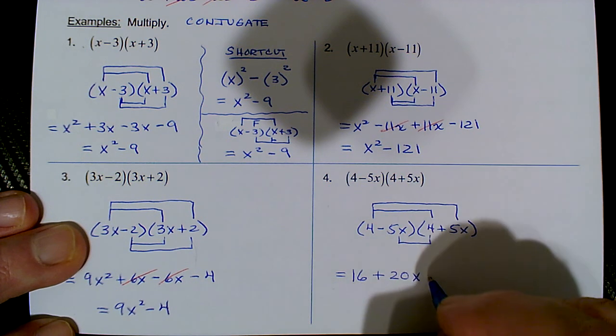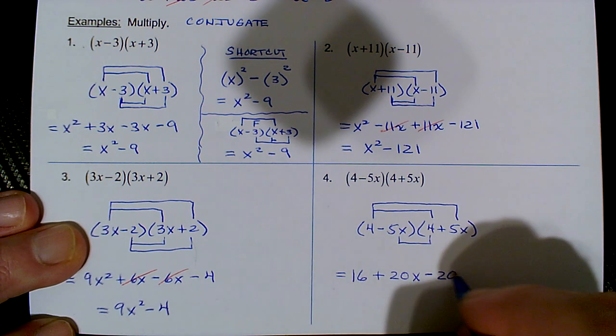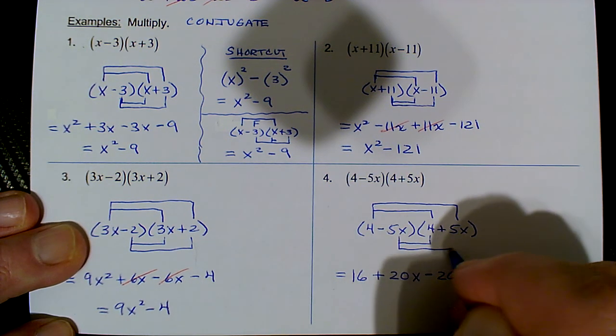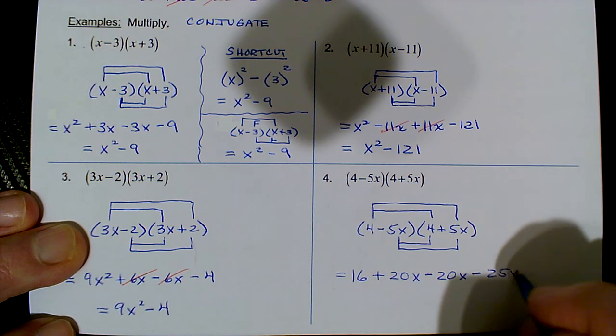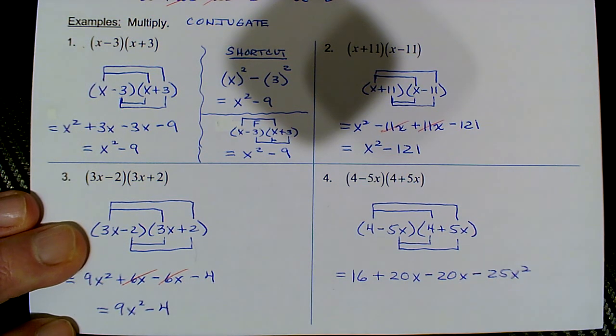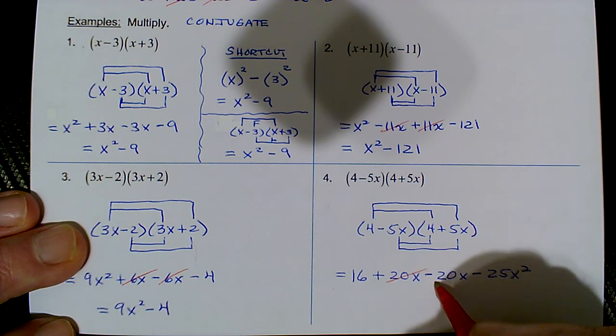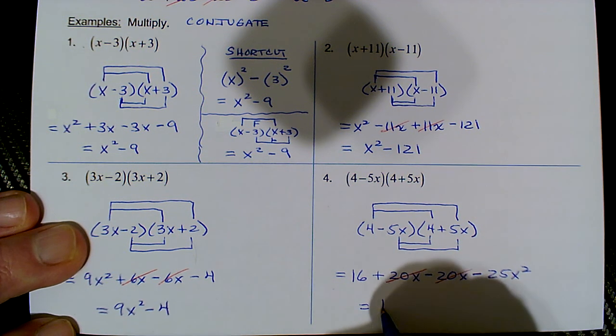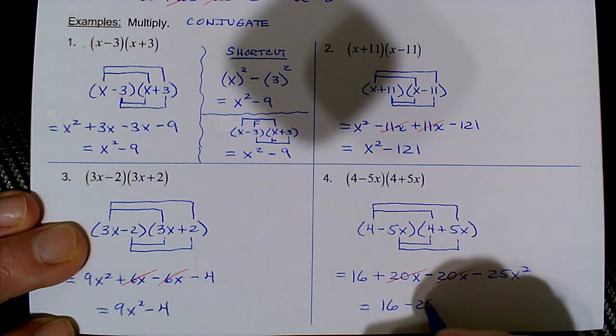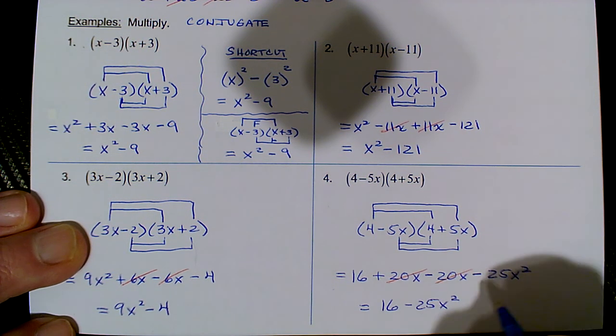Negative 5x times 4, negative 20x, and negative 5x times 5x, negative 25x squared. And as we've seen, outers and inners cancel, and we get 16 minus 25x squared.